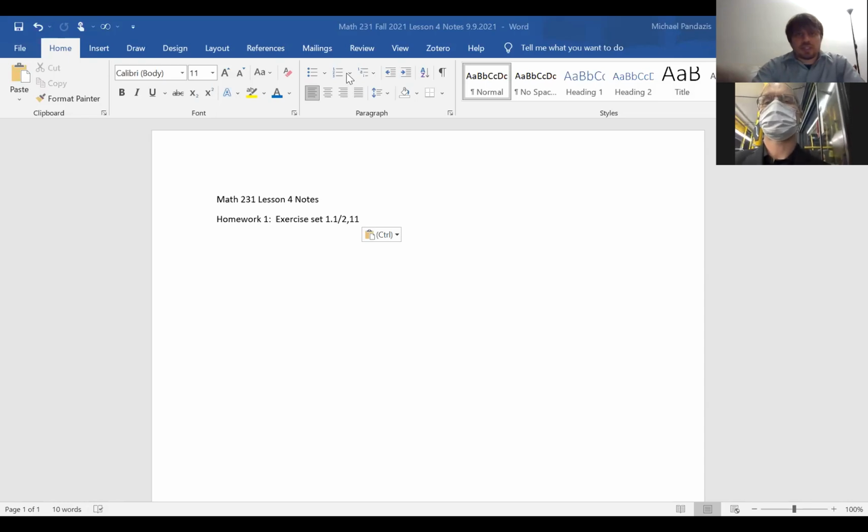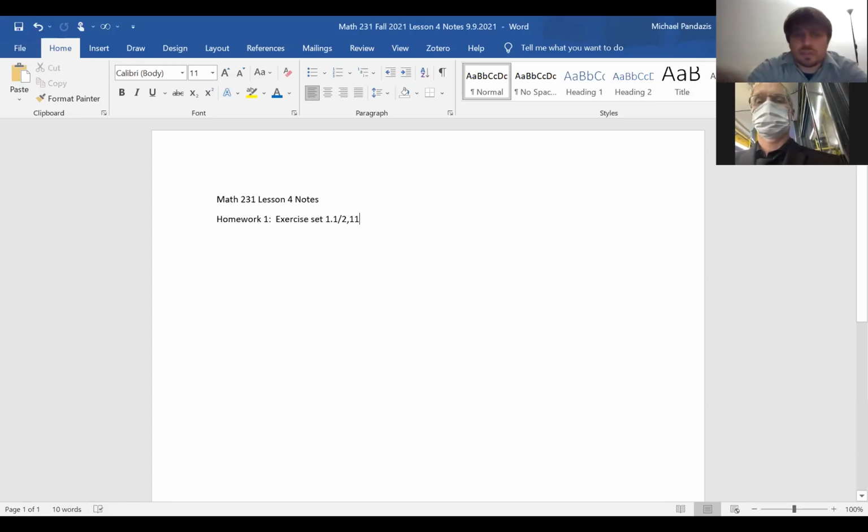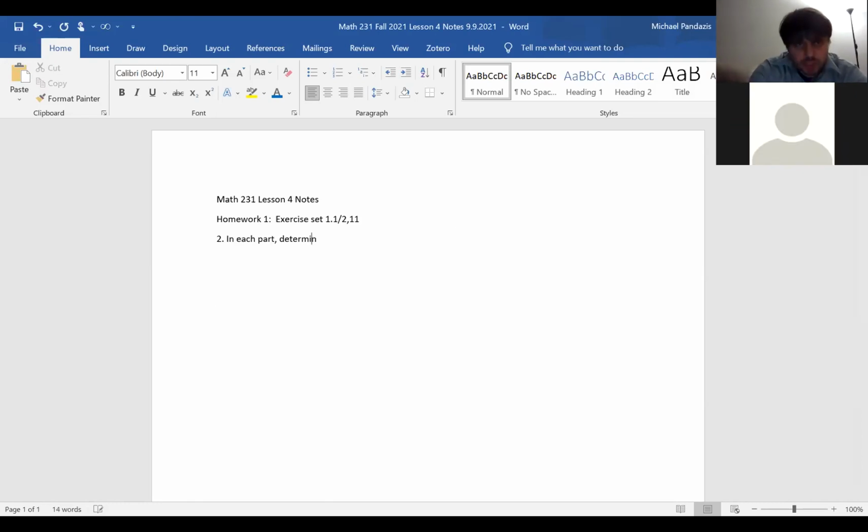Right, so for number 2, it said in each part, determine whether the equation is linear in x and y.